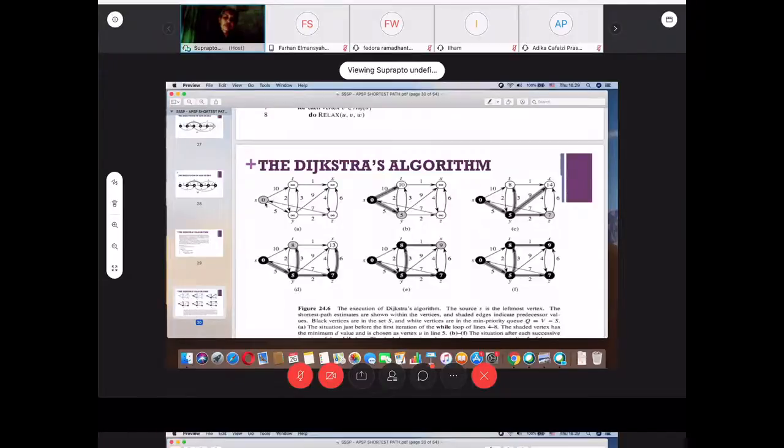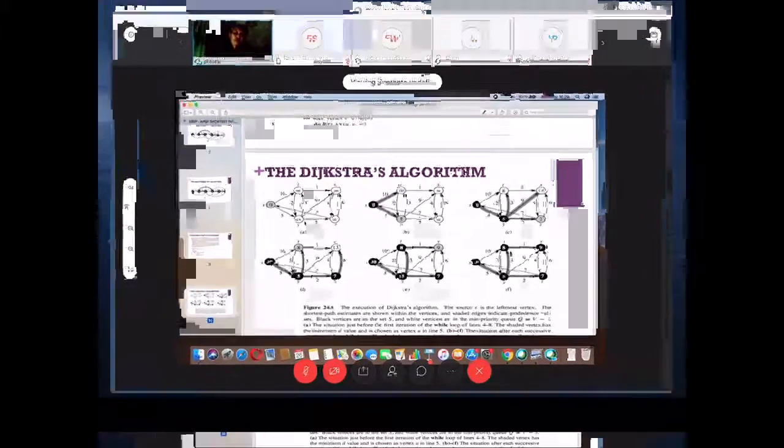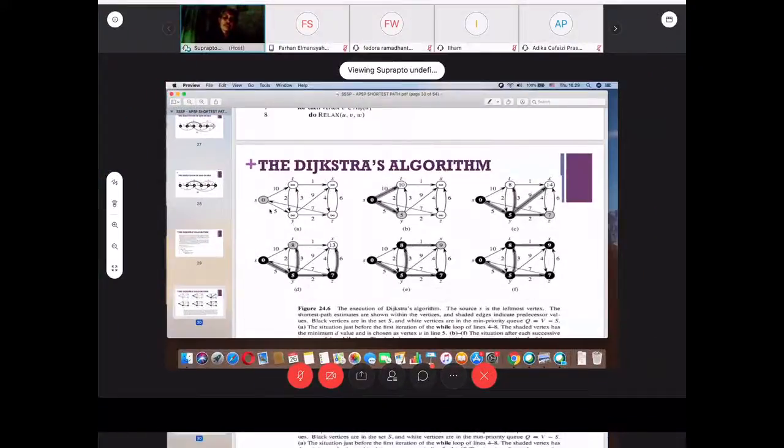So we can relax this, and we have the shortest path estimate of Y is 0 plus 5, which is 5. So the shortest estimate of Y, 5, is less than 10. Right? So in the Q, currently there are two vertices with shortest path estimates 5 and 10.